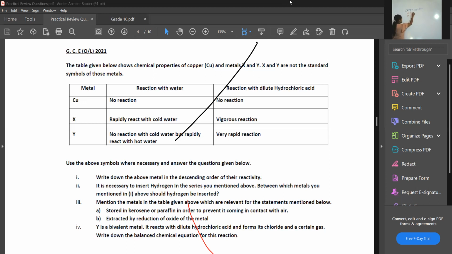As the physical changes and chemical changes. I think you can remember the difference between the physical changes and chemical changes. In the physical changes, only the physical state is changed. There is no change in the chemical composition.